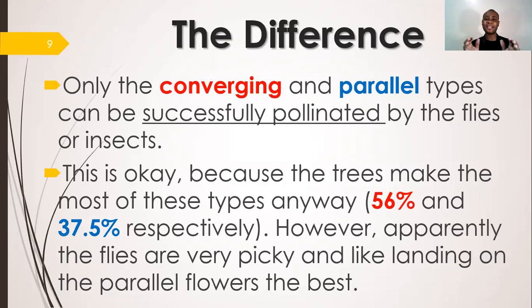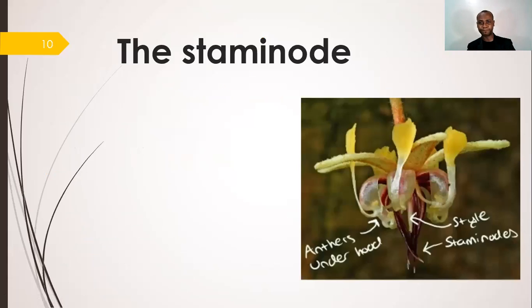So pollinators find it very, very difficult to get in there. But it's not bad news because we have 56% being convergent flowers and 37% being parallel flowers, and this is enough to give us enough fruit.